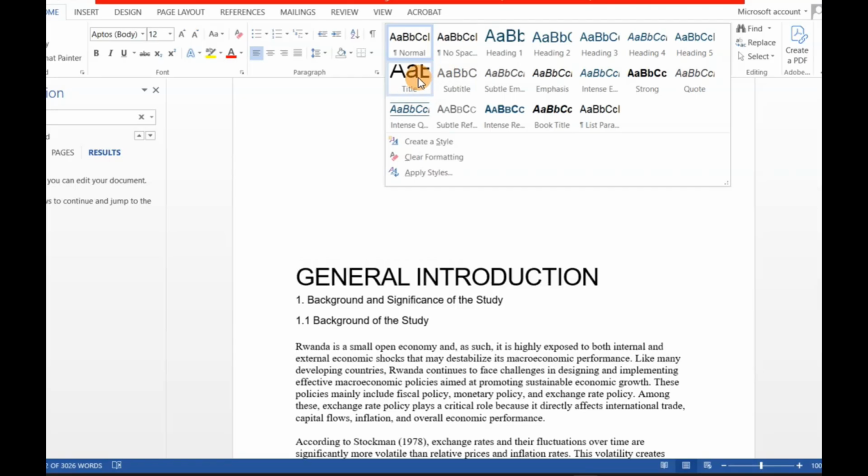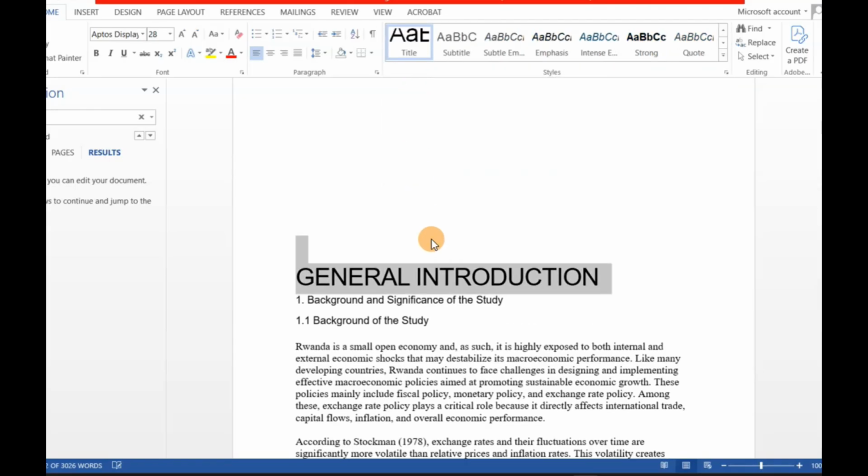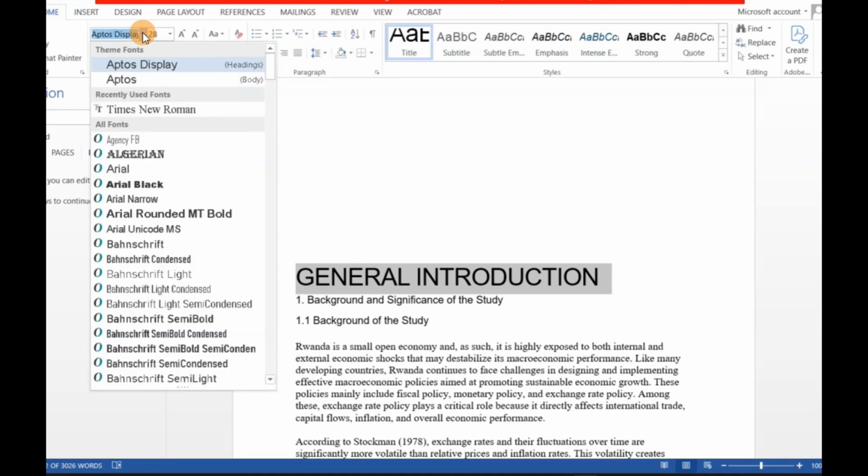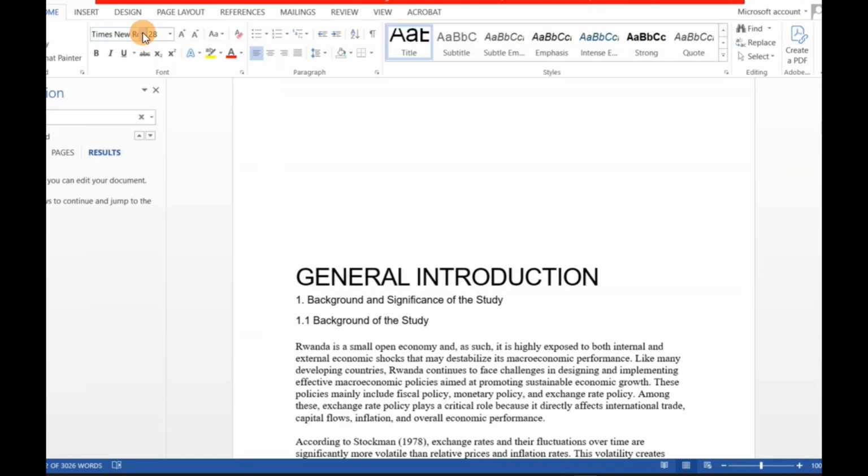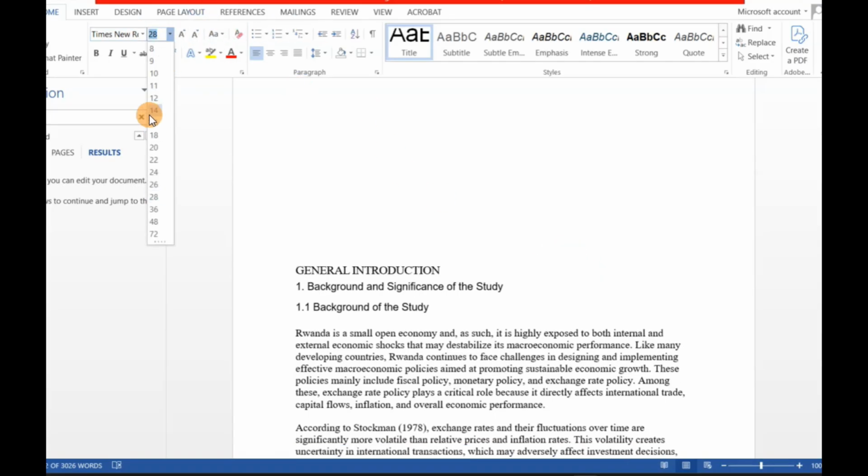Yes, the color is nice. And then it should all be in Times New Roman. Okay, let me put Times New Roman. But the general introduction should not exceed 14 pages maximum.